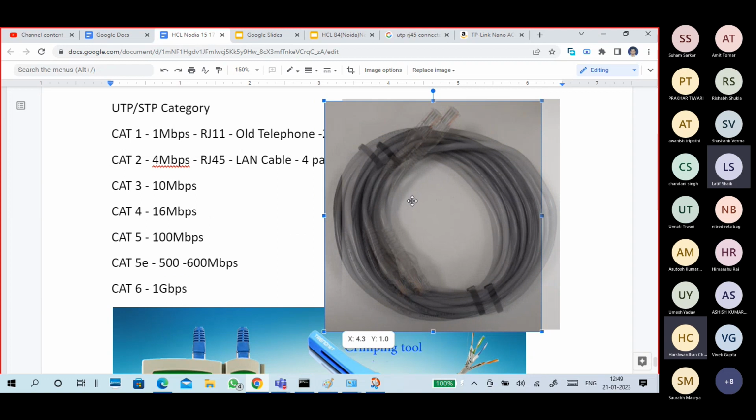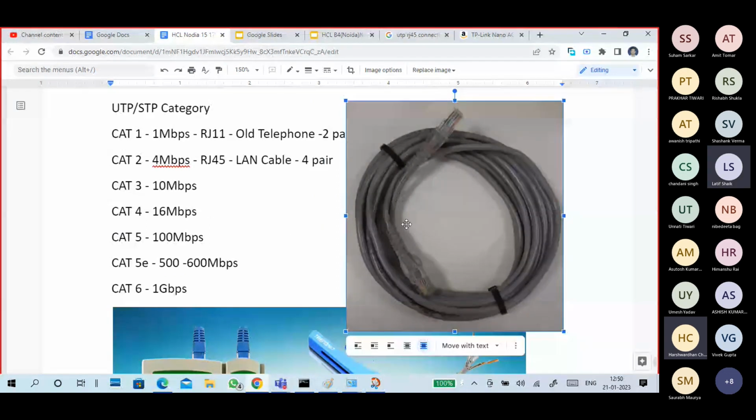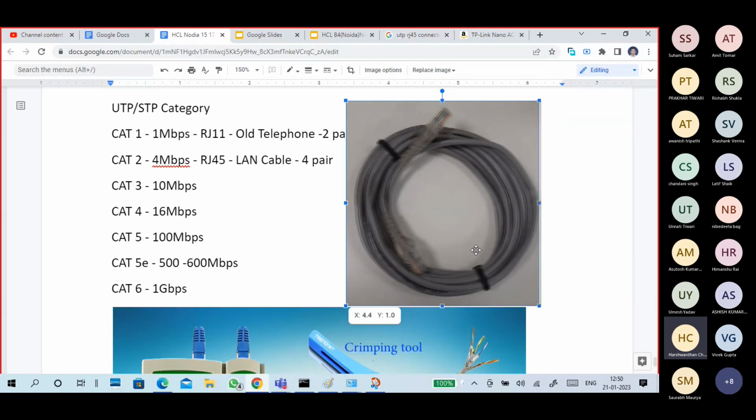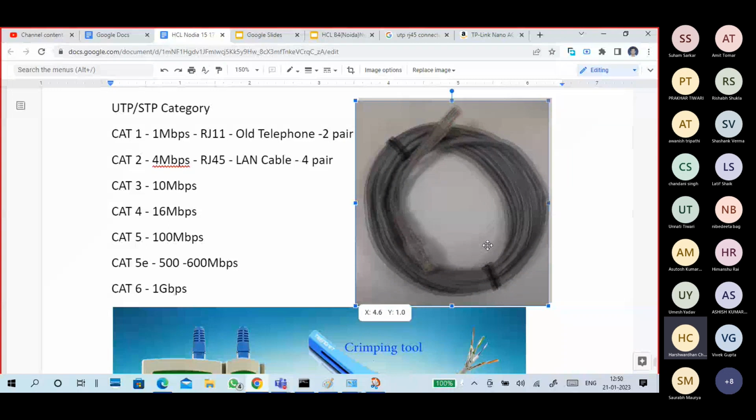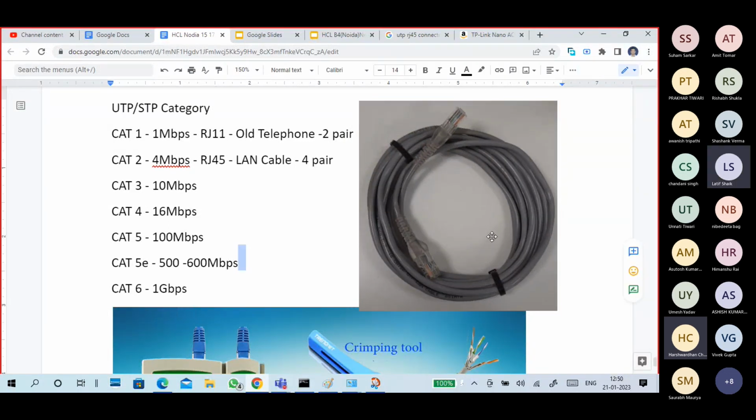So this is our patch cable or a LAN cable, and let me make it a little smaller. Guys, this is called a patch cable or a LAN cable.